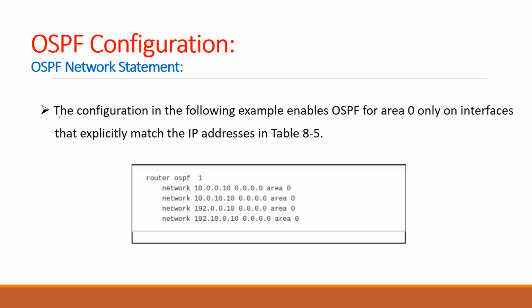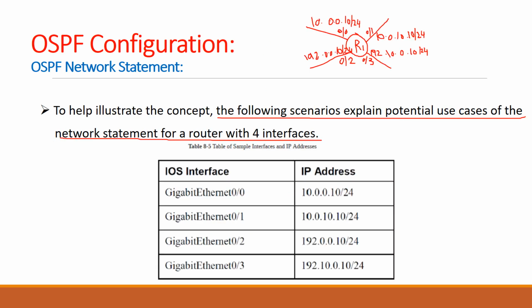Let's see the network statements that will be used in this example. The configuration in the following example enables OSPF for area 0 only on interfaces that explicitly match the IP addresses in table 8-5, which is this table. So under OSPF process number 1, there are 4 network statements. The first one enables OSPF on this interface.